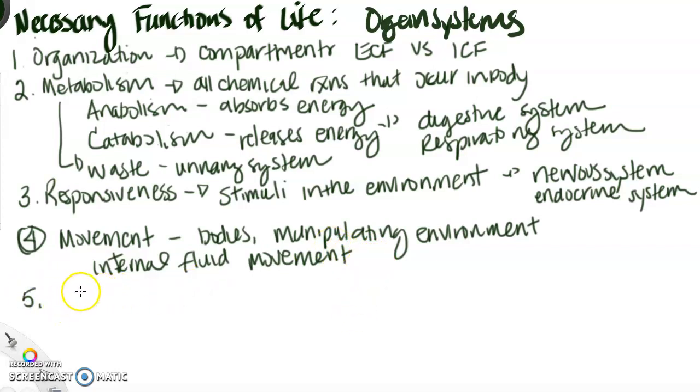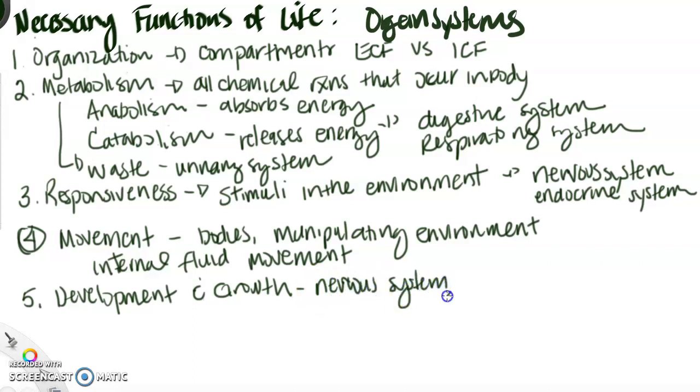The fifth thing is development and growth. That is going to be controlled through the nervous system, the endocrine system, and the digestive system.